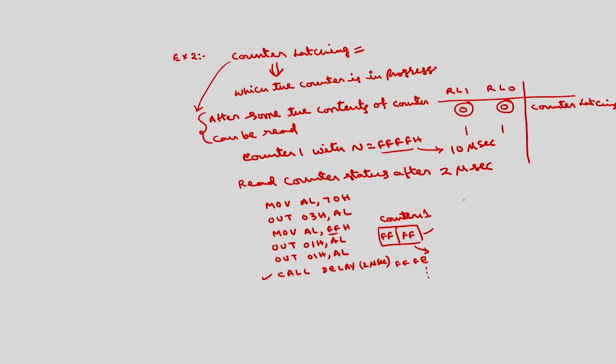Out of the 8 bits of the control register, D7, D6, D5, D4, D3, D2, D1, D0, this is the binary count, so this remains 0, and 3 bits will be for mode, 0 0 0, and these 2 bits will be for RL1, RL0. So for loading this 16-bit value here, I have taken D4 and D5 as 1.